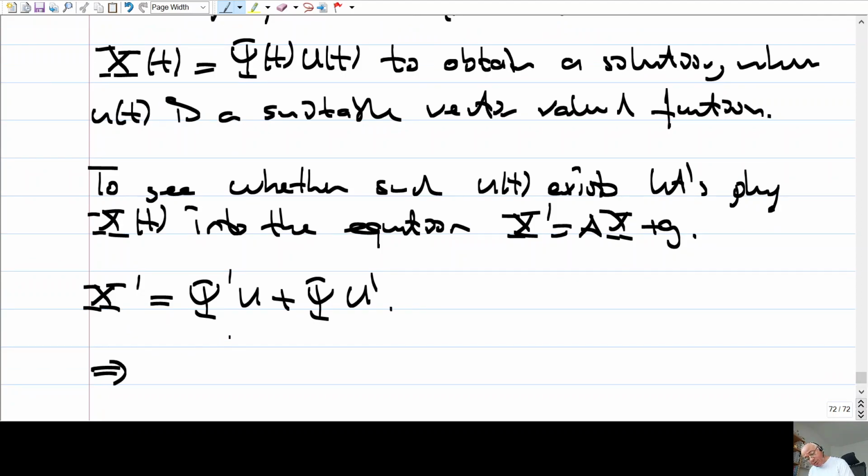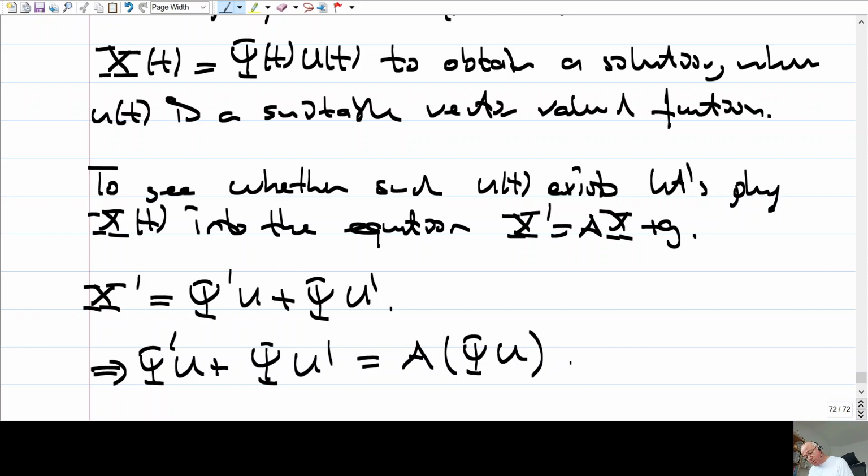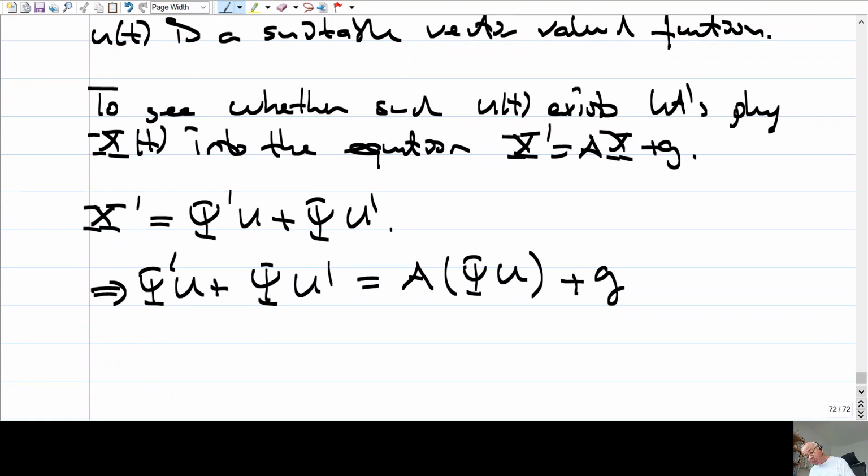So we get what? x prime: psi prime times u plus psi times u prime equals a times psi times u plus g, since a times x is just a times psi times u, plus g. So here I have this gadget.